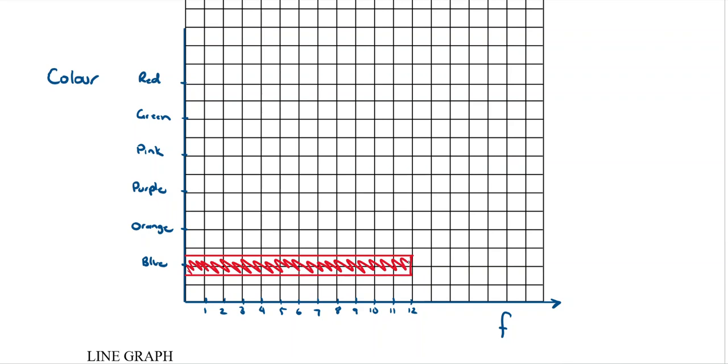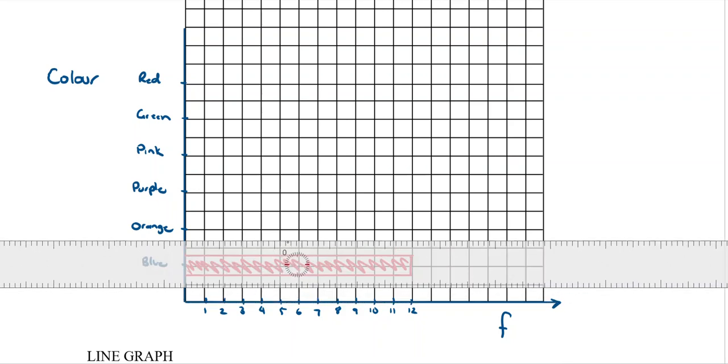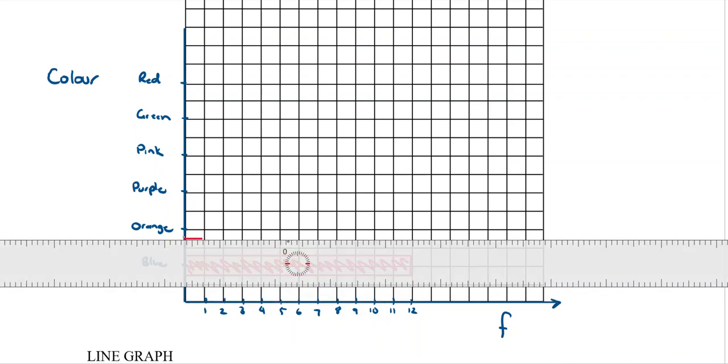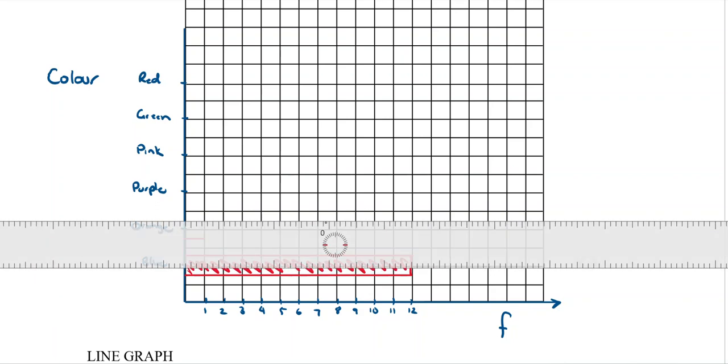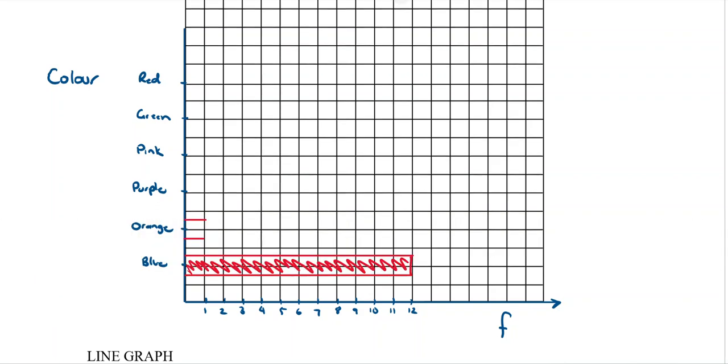Then go through and do that for all of the other colors. So always half a space below and half a space above so that you have that nice little gap in between each of your bars.